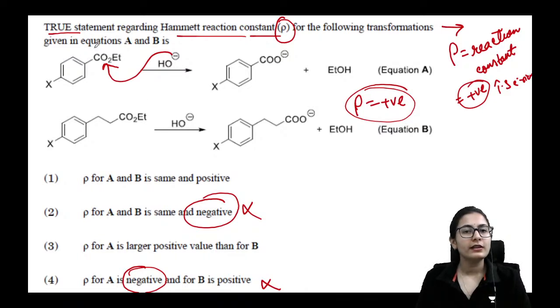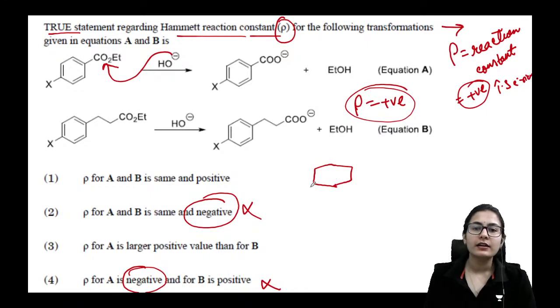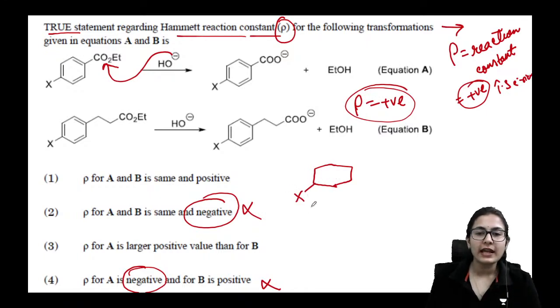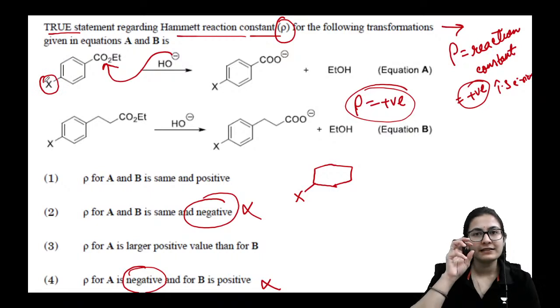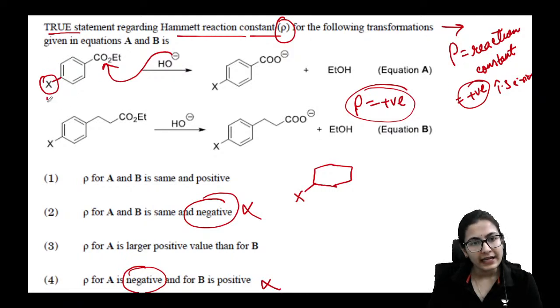Yes. So, when the ester group is directly connected to the benzene nucleus, the effect of X on the benzene is felt because it is directly connected to benzene, right? The effect of X will only be felt on the ester group when it is in conjugation like this.